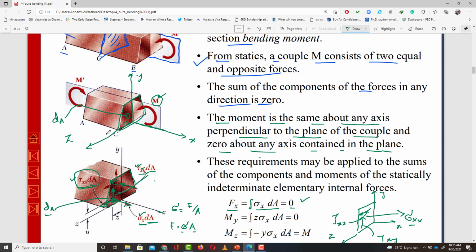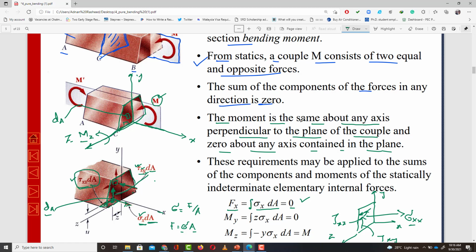Z is perpendicular to this longitudinal plane. So it is saying that the moment is the same about any axis perpendicular to the plane of the couple. Now this z-axis is perpendicular to this longitudinal plane, so this moment will actually be Mz, the moment about the z-axis, because the z-axis is perpendicular to the plane containing the moment.